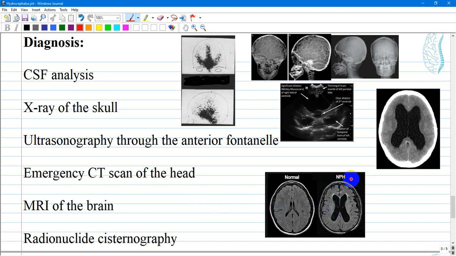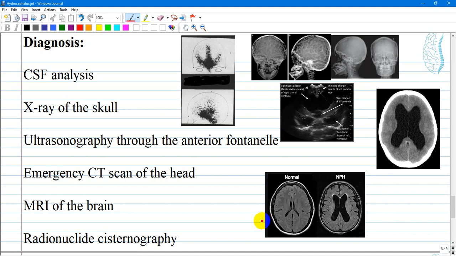Once again, I gave normal pressure hydrocephalus as an example, and on the left side you see a normal MRI scan of the brain. So transependymal exudate can be visualized as periventricular hyperintensity on T2 or FLAIR sequences. Cerebrospinal fluid extravasation must be differentiated from age-related changes of periventricular white matter.